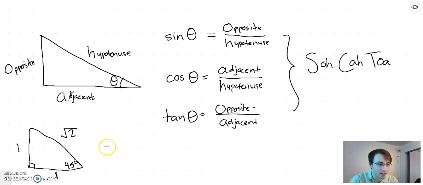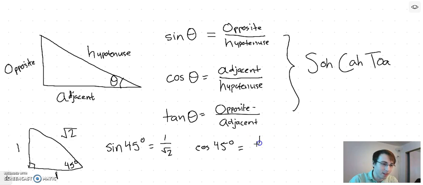So then the trig functions here would be: sine of 45 degrees equals opposite over hypotenuse. Well, opposite is 1, hypotenuse is root 2. It's 1 over root 2. Then cos of 45 degrees equals, well, adjacent is also 1, so in this case it also happens to be 1 over root 2.